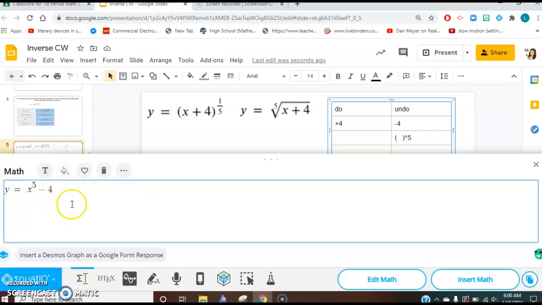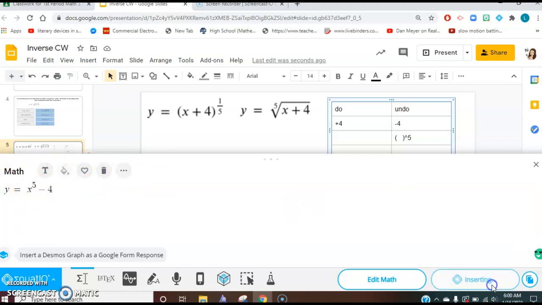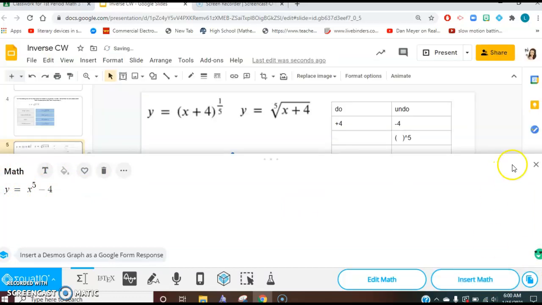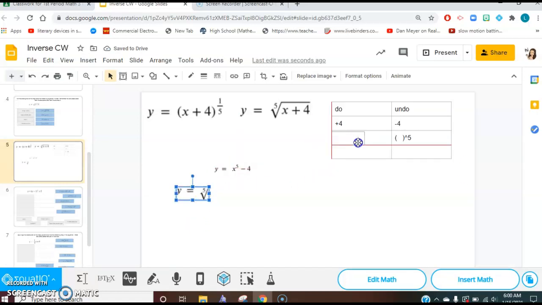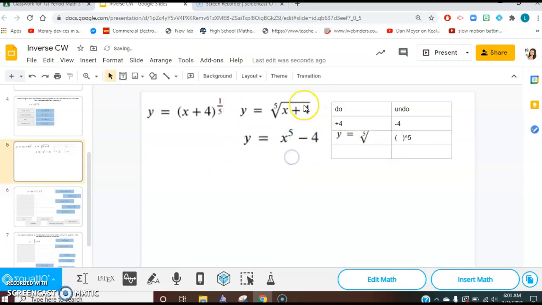And that would be my inverse equation. All right, so those two are now inverses of each other. So whenever you see an exponent that's a fraction, just know that your inverse should have whatever the denominator was, that should be the exponent of your inverse.